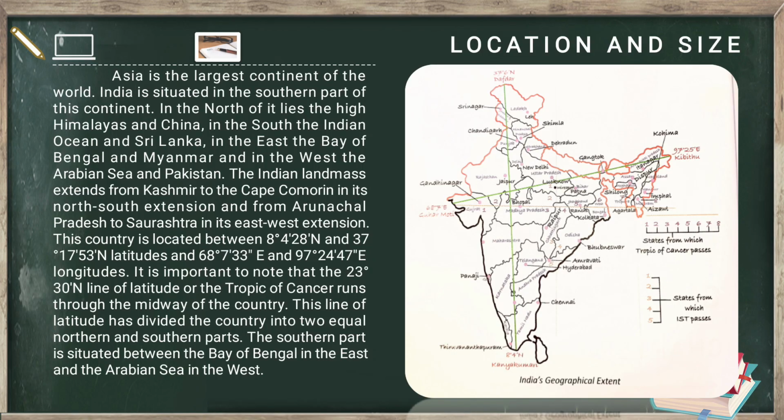Now where is India situated? This country is located between 8 degree 4 minute 28-second north and 37 degree 4 minute 53-second north latitudes, and the longitude is 68 degree 7 minute 33-second east and 97 degree 24 minute 47-second east.